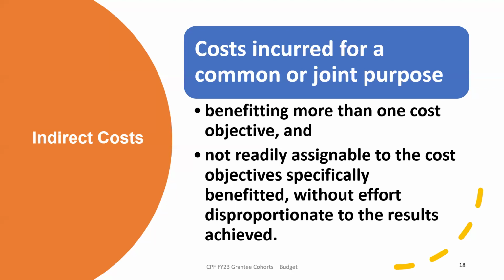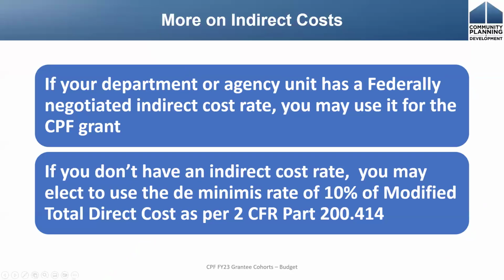So instead, we have two options. If your department or agency has a federally negotiated indirect cost rate, you can use it for this grant. Most folks aren't going to have one, but community action agencies seem to have the most.